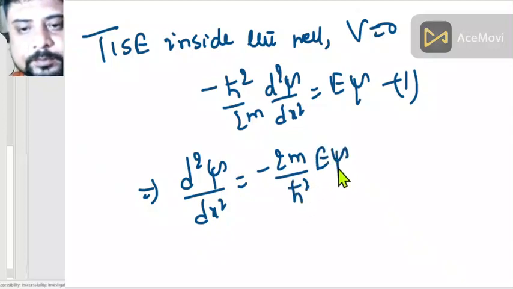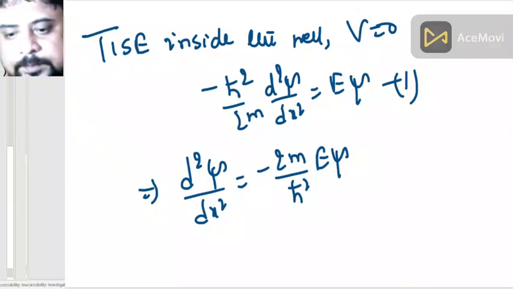The particle has total energy in the kinetic energy form. So you can simplify this by taking this constant to this side. So what you have is d2 psi upon dx square is minus 2m by h bar square E psi.